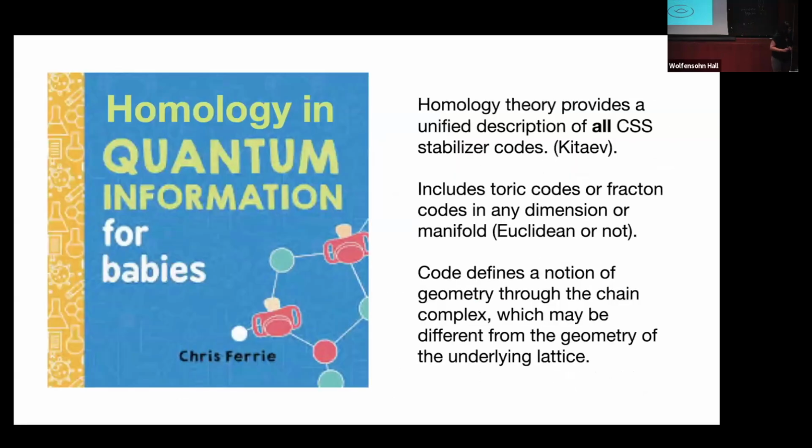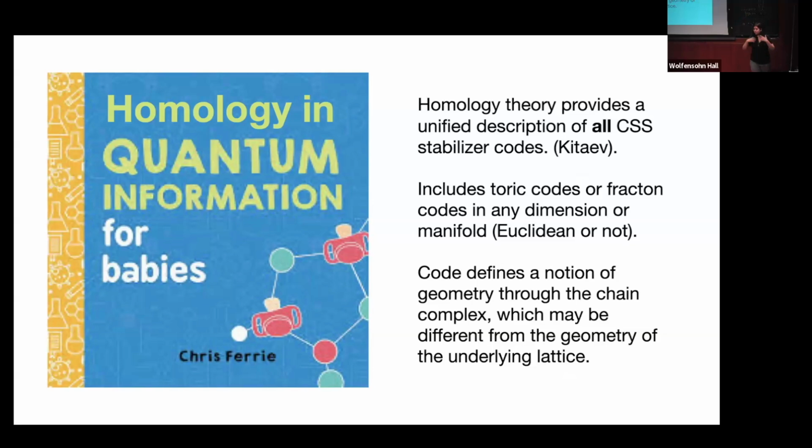Okay, so now we're going to start with a very, very simple description of these chain complexes and homology theory, because this really is a unified description of all CSS stabilizer codes. It's a very, very powerful language.